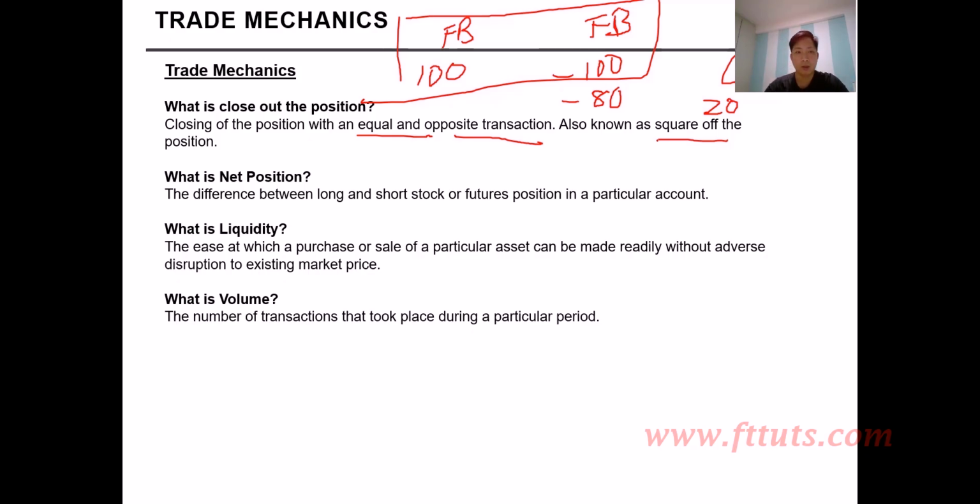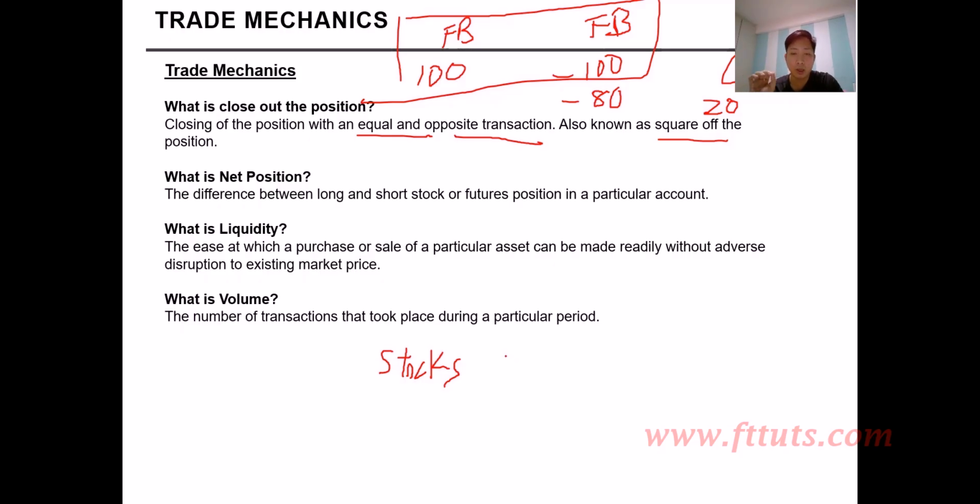How about liquidity and volume? Liquidity and volume are very much the same, used interchangeably. When we say liquidity, it means the ease of a trader buying and selling a particular asset class. If the volume is high, you're advised to trade those stocks.